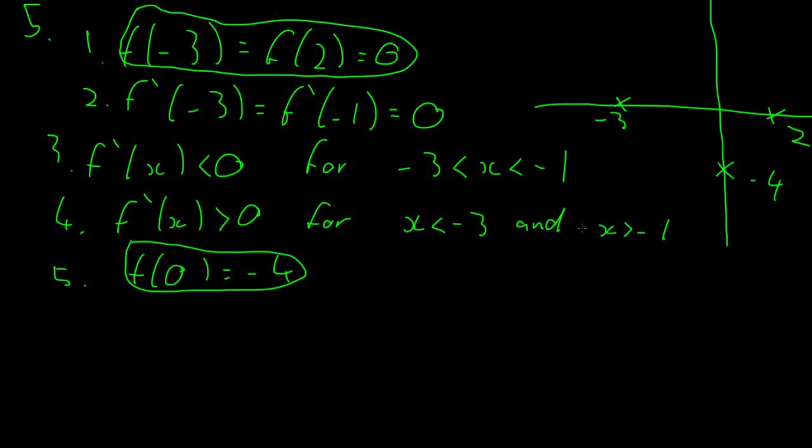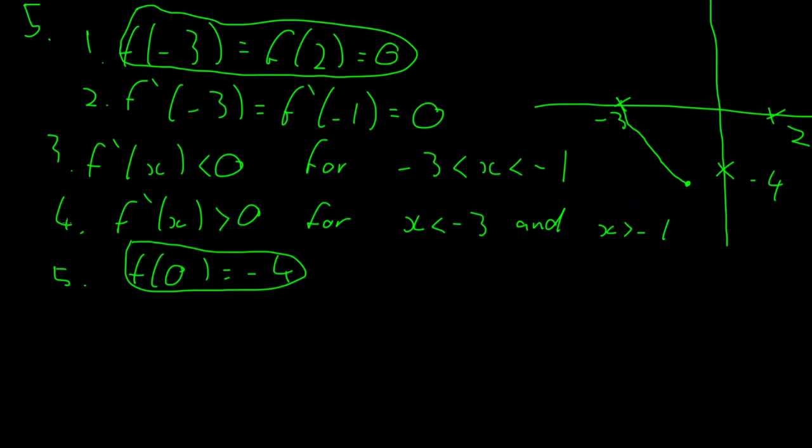We can really start from any other point, but I think we'll do 3 and 4 next. So the derivative is less than 0. What this means is that between these 2 points, the line is going down, ending at minus 1.